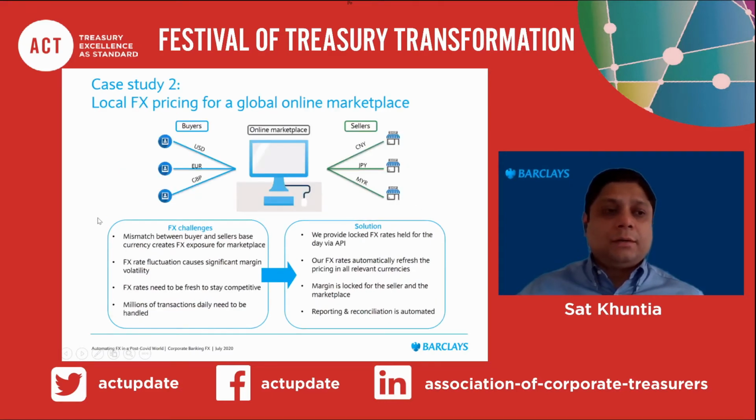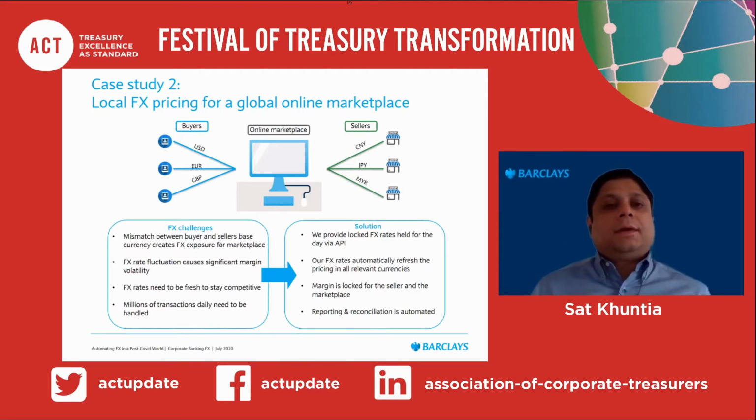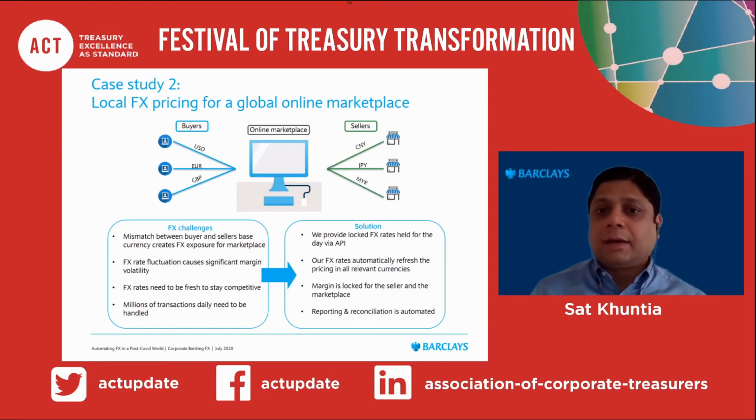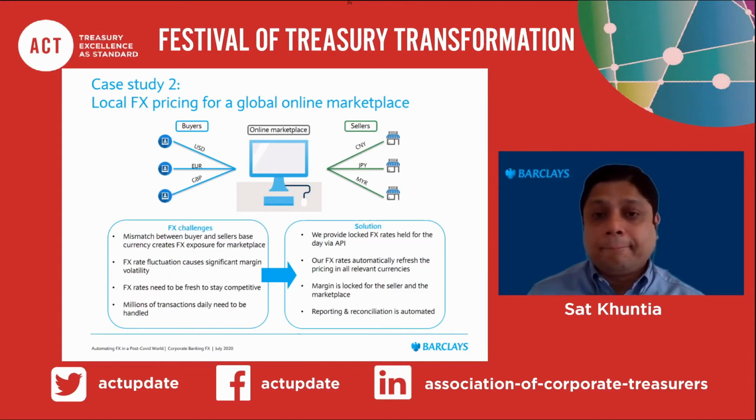The next one, the second case study, is from a slightly different space. It's from a B2C, business to consumer space, and it's basically a global online marketplace. Everyone is familiar with how an online marketplace works, but essentially you have buyers and sellers with different base currencies, right?